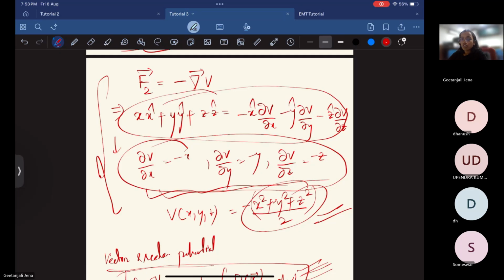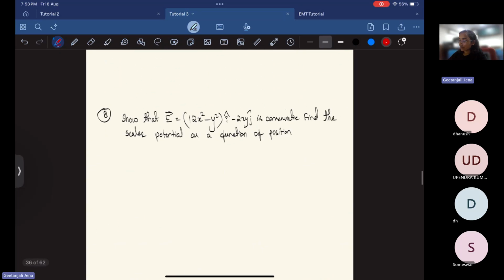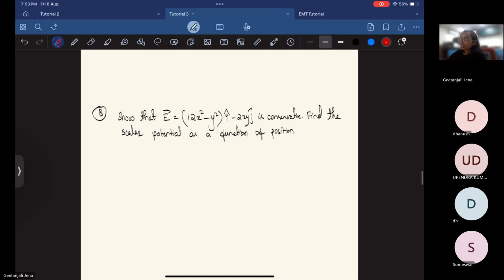Okay, if no other doubts are there, then let me go to the next problem. Can anyone check whether this field is conservative or not?